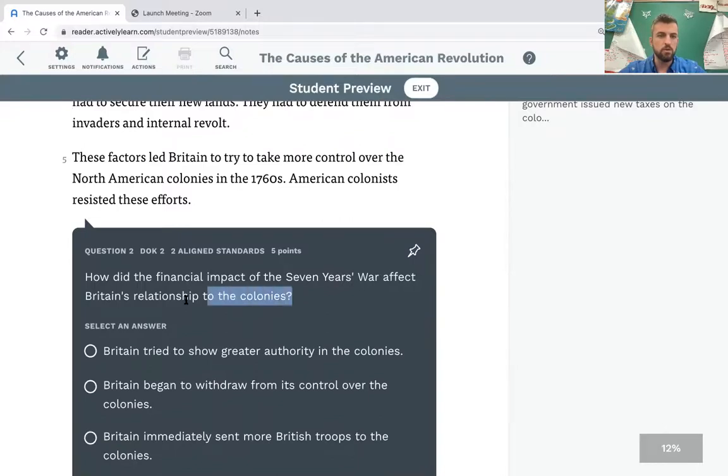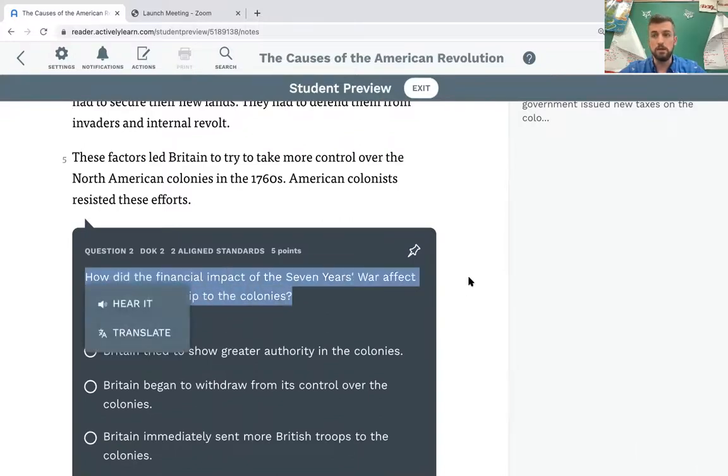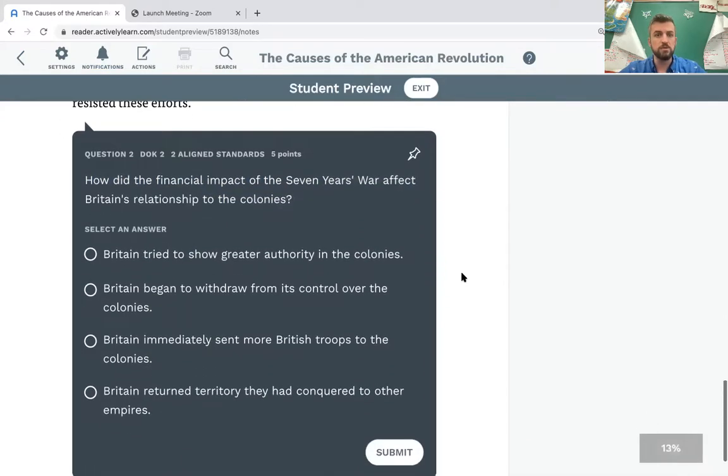So, got a question here. And again, I'm not necessarily grading this so much as I am the outline. So, how did the financial impact of the Seven Years' War affect Britain's relationship to the colonies? Well, sounds like they maybe want to show greater authority?